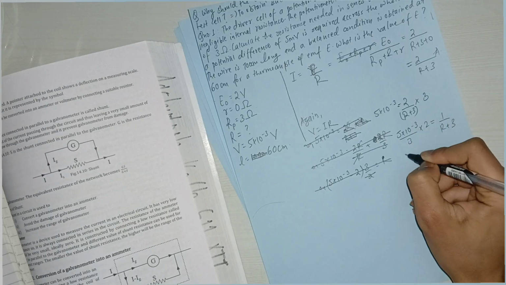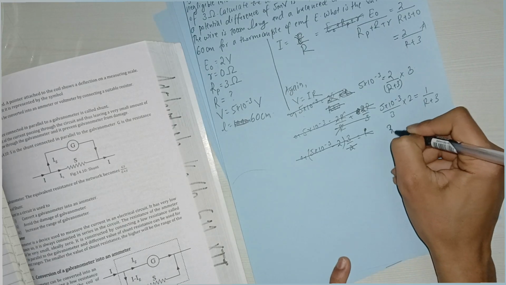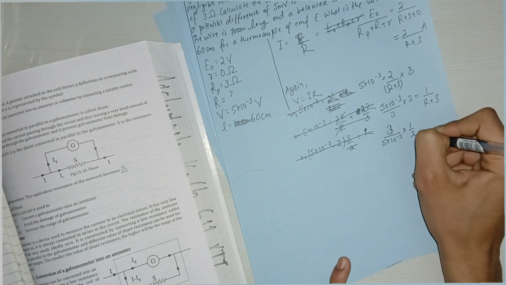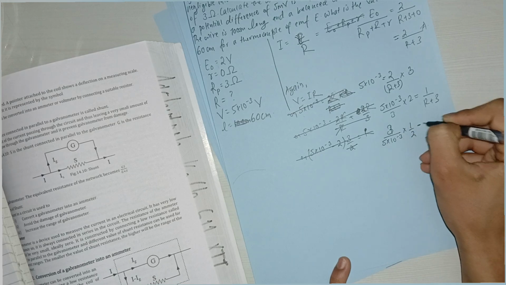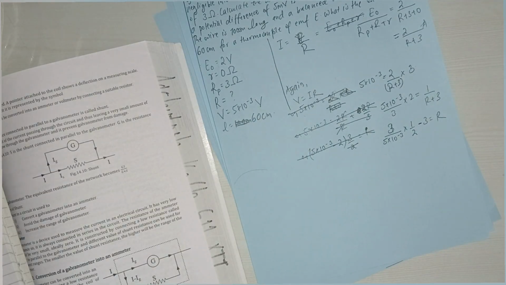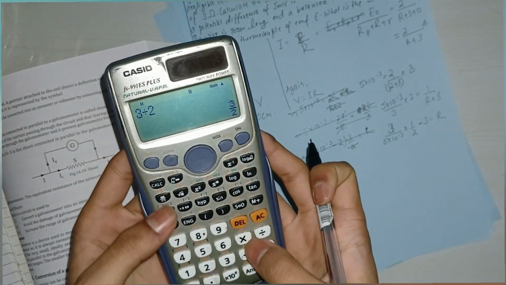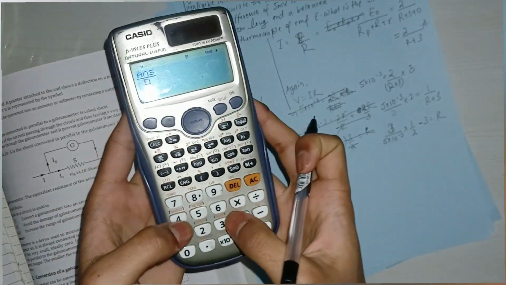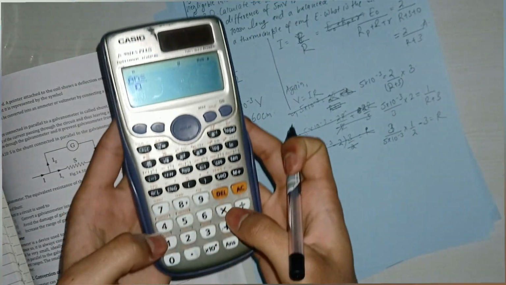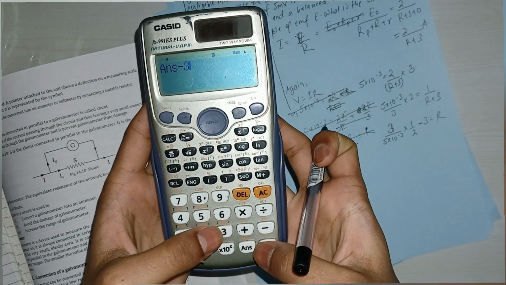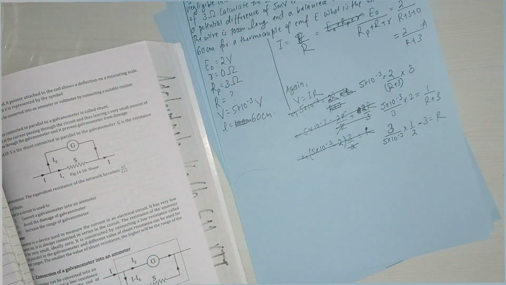If you take the reciprocal of this, that is 3 by 5 into 10 to the power minus 3 into 1 by 2 minus 3 will be equal to R. Now if I do that, 3 by 2 by 5 into 10 to the power minus 3 minus 3, that's 297 again.